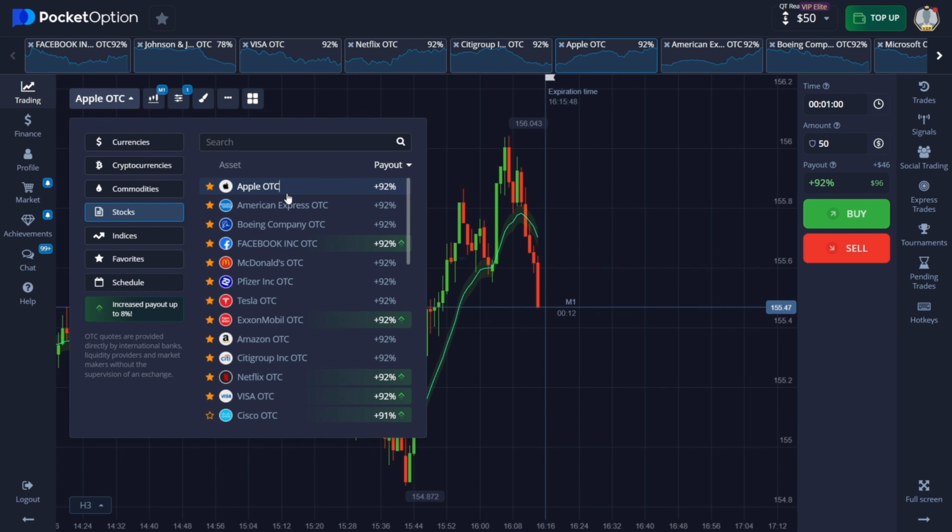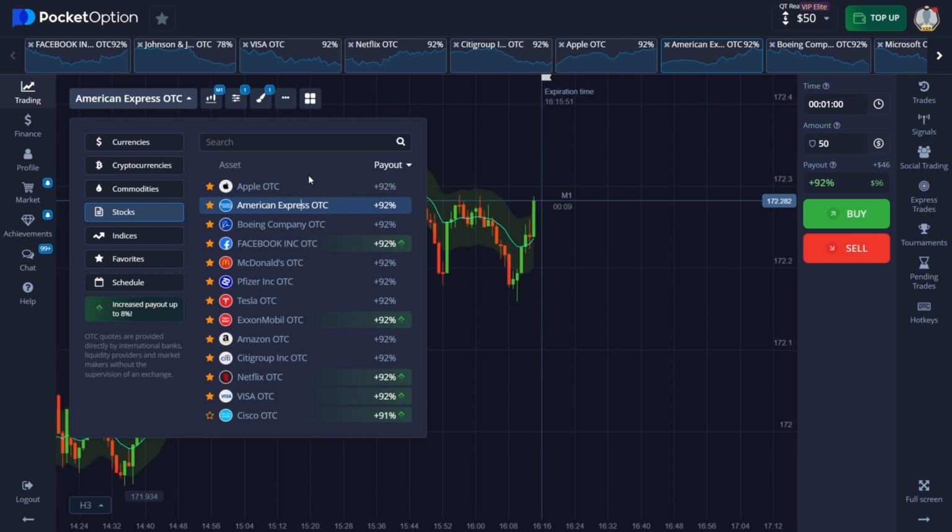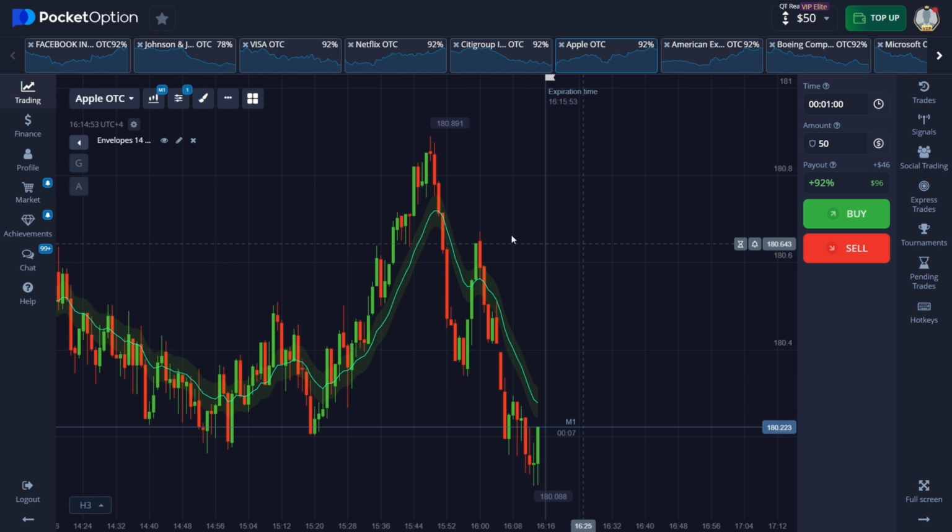The envelopes indicator works best in trending markets. If you trade at the trend direction and use the envelopes indicator, you can achieve good profits with high accuracy.